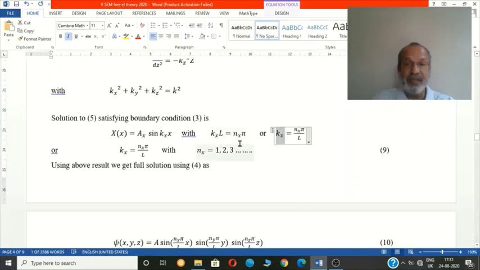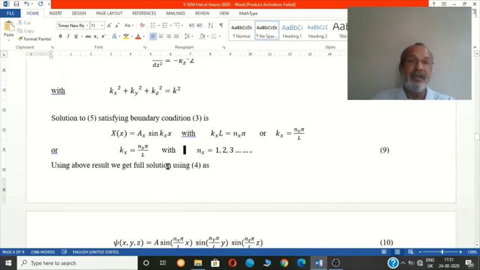It should be n pi by L, where n is 1, 2, 3. n equal to 0 is not possible, because if n is equal to 0, then k is equal to 0. So if k is equal to 0, X is also 0. So X equal to 0 will not correspond to any wave function. It will not correspond to any particular state of a particle.